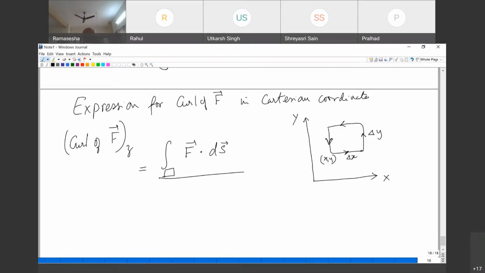Area, length into breadth, delta x into delta y.